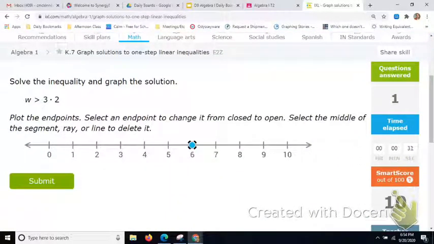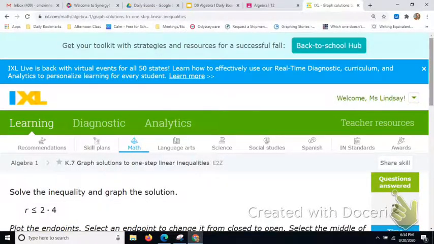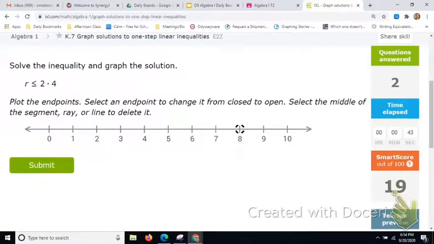This one needs to be an open circle. W is greater, so it's off to the right where the greater numbers live. 2 times 4 is 8. This one is closed. It has the or equal line, and R is less than or equal to.